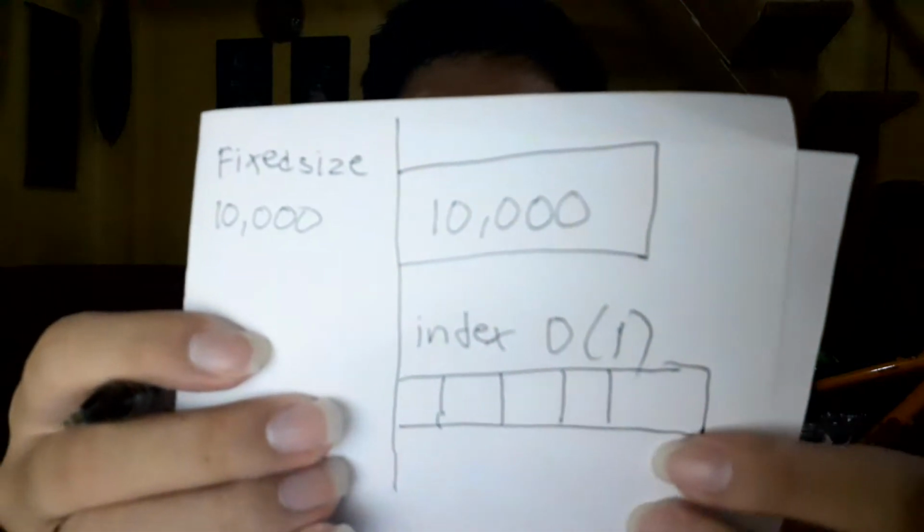So 1, 2, 3, 4, 5 squares. These are the 5 squares. Maybe these are items here: 7, 9, 10, 11, and 12.